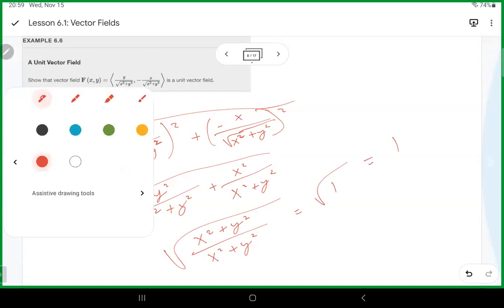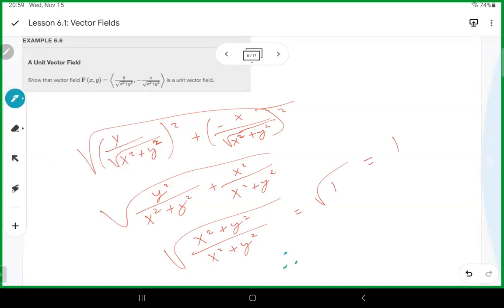So, therefore, F is a unit vector field. Field. I gotta get the field in there. This is a solid F.